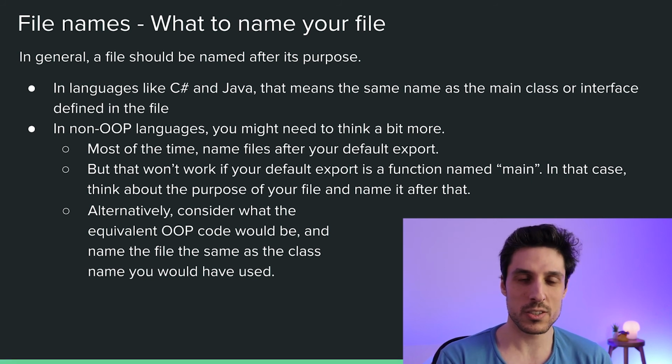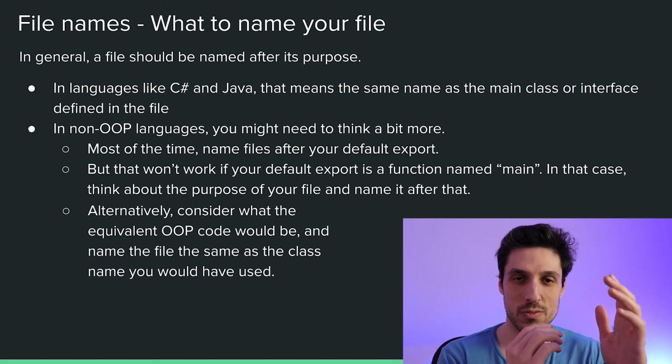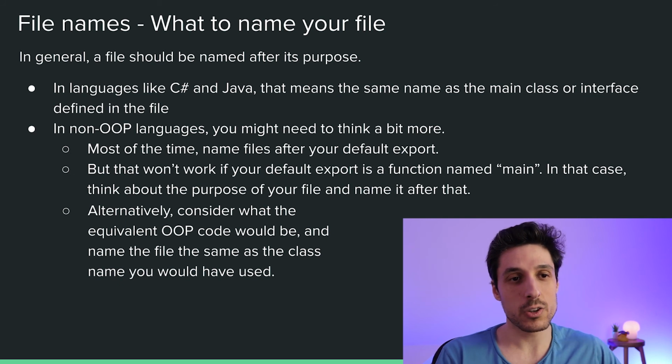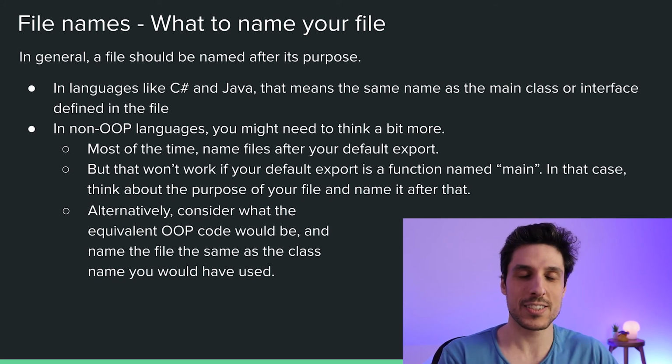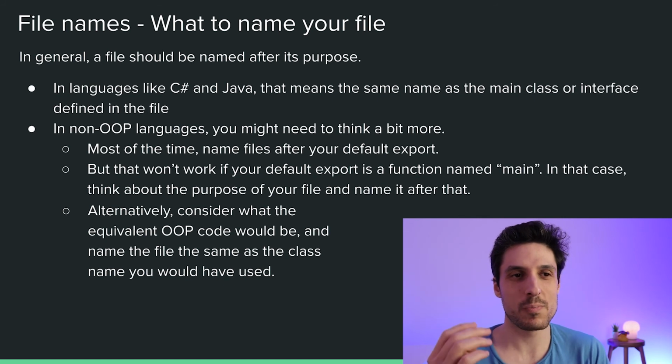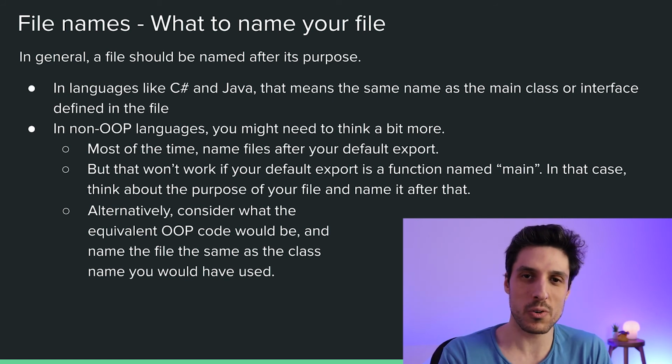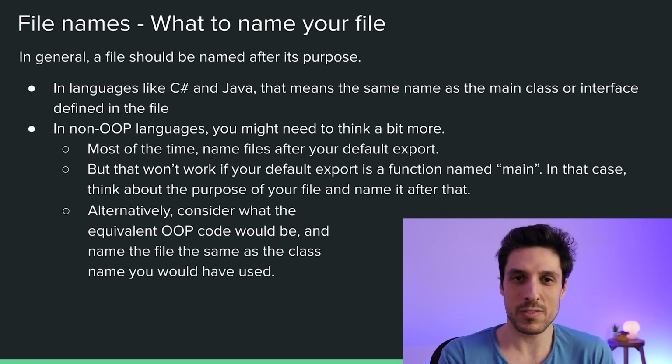But another thing to consider, and this is the one that I go by, is if you were writing classes instead of functions, okay, how you would probably do it is you would have a class named carousel, and the setup for the carousel would be in the constructor. So again, in that case, I would think, how would I do it the object-oriented programming way and name my file after that, if that makes sense.